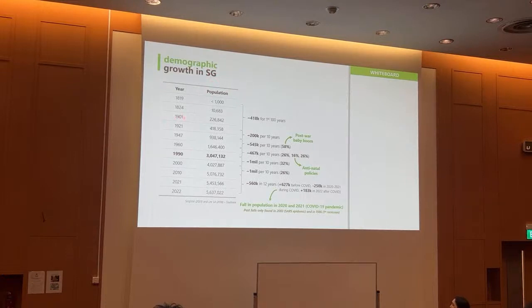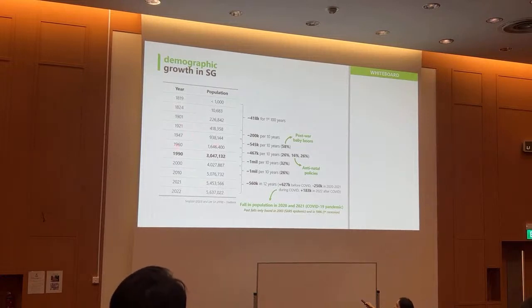Then after Singapore started to be under British rule, population increased rapidly. The population grew even faster during the rubber boom. Then the population grew even much faster during the post-war baby boom. As you can see, there was more than 50% increase in population.